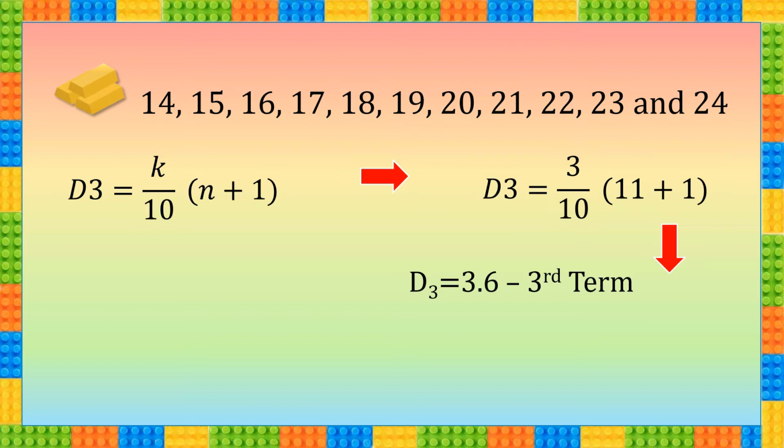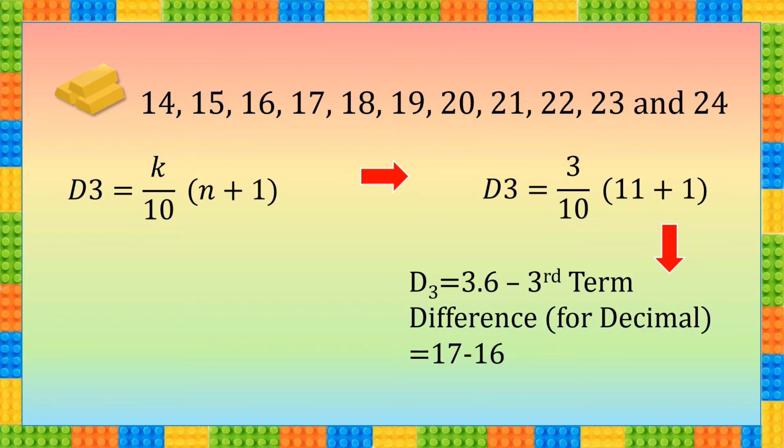We will solve it. So, fourth position minus third position, which will be 17 minus 16, is equal to... What do you think is the answer? 1? Correct! And then multiply it by the decimal 0.6. Since it's 1, the answer will still be 0.6.